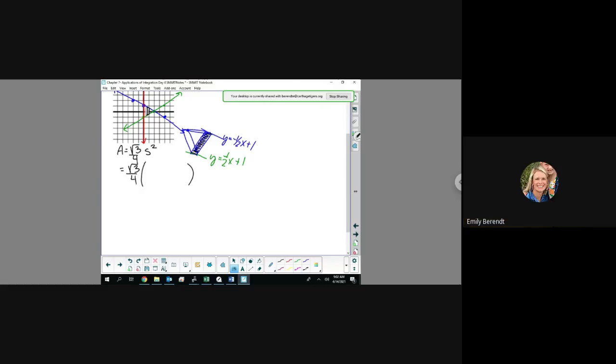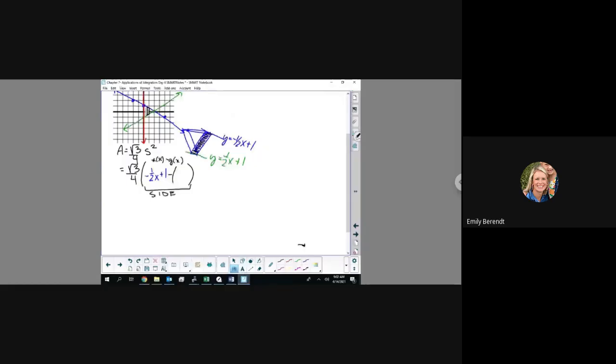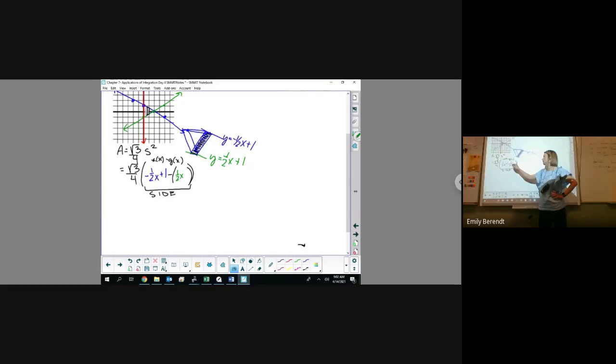So if you wanted to write that, f of x minus g of x, and this is going to represent the side. So f of x was the blue, -1/2 x plus 1 minus the quantity 1/2 x plus 1.